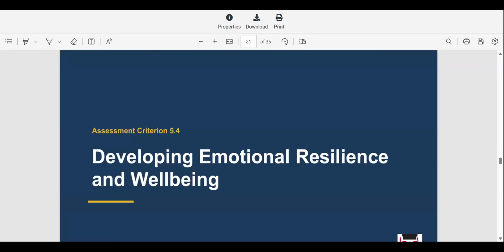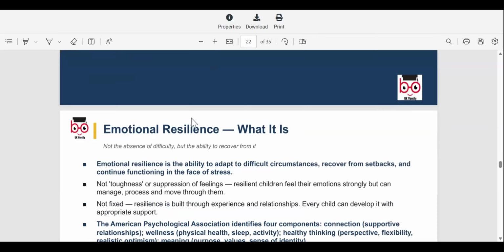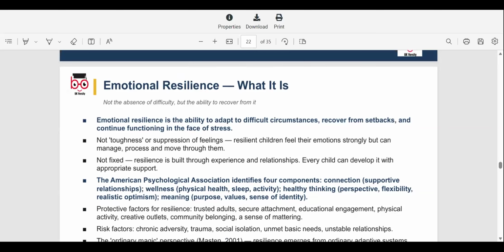5.4 is developing emotional resilience. And then you look at elements of emotional resilience and what it is. It's the mental ability to adapt to stressful situations, bounce back, recover from any hard times and any emotional imbalances. It does not mean that you don't feel any sort of pain.